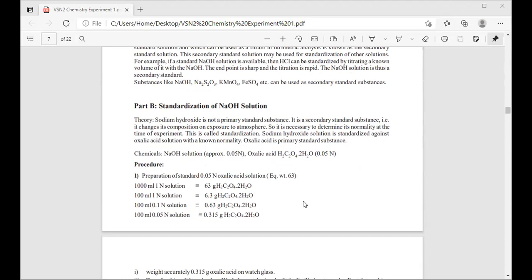Whereas NaOH, EDTA, today if you prepare, after 4 days you will find their concentration decreases because they get decomposed, and that is why we need to standardize them. NaOH standardization is done by using oxalic acid, and EDTA is done by using zinc sulfate. So zinc sulfate, oxalic acid, they are the primary standards whose concentration remains constant over a period of time.